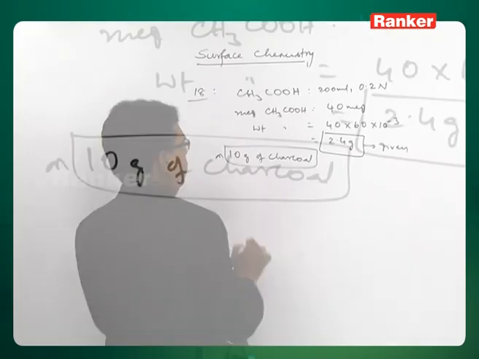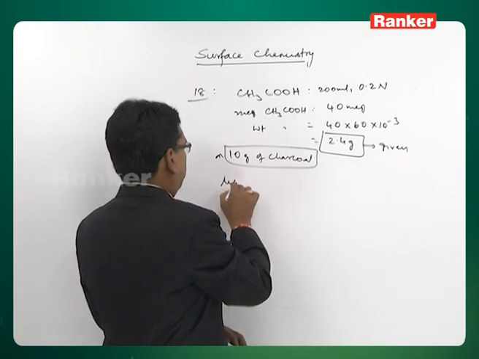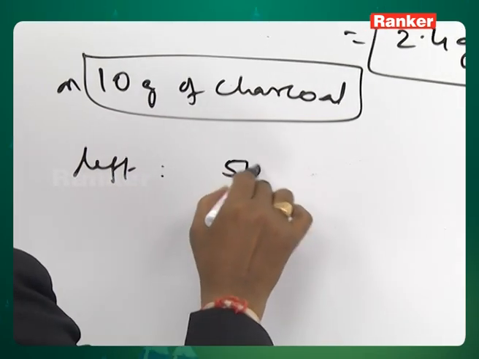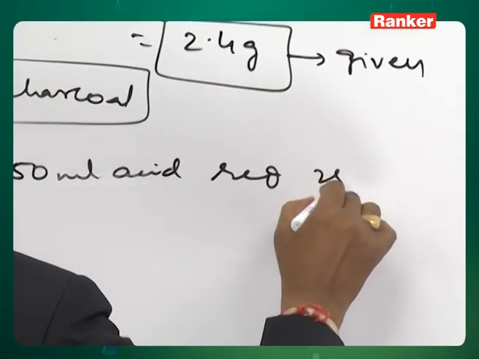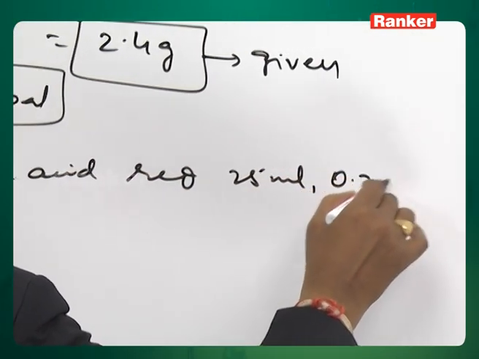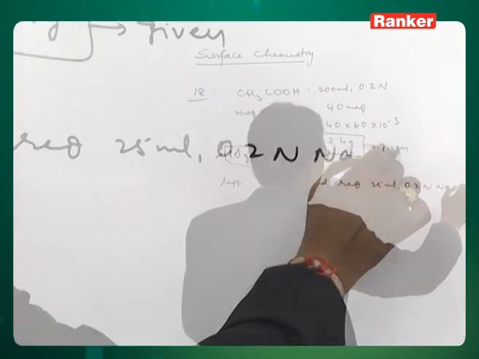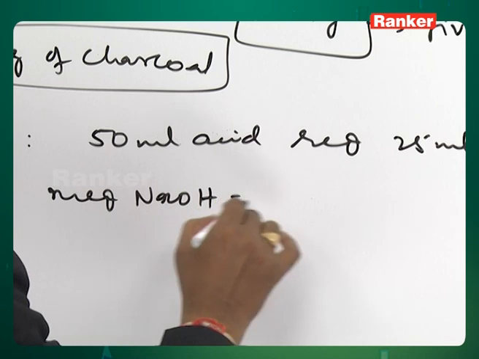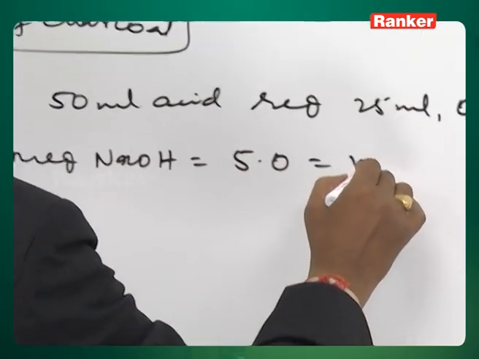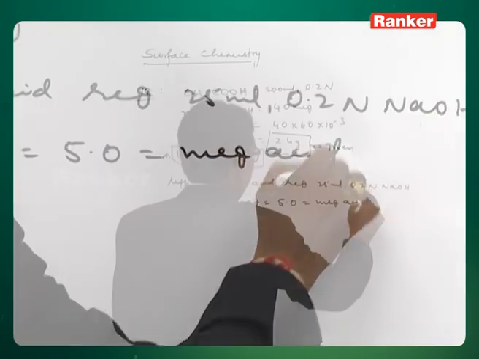After adsorption on 10 grams of charcoal, the leftover 50 ml of acid requires 25 ml of 0.2 normal NaOH. So, milliequivalents of NaOH is equal to 5, which is equal to the milliequivalents of acid.